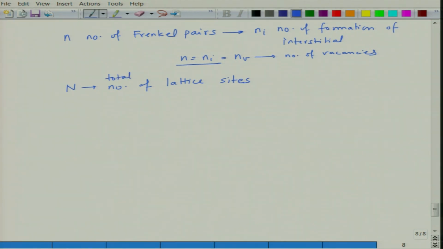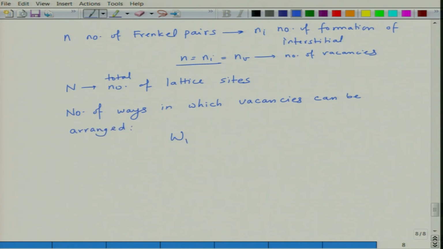Okay. So, the number of ways to arrange the vacancies, let us say this is equal to W_v. So, W_v will be equal to factorial N divided by factorial small n times factorial of capital N minus small n_v, which is equal to n.